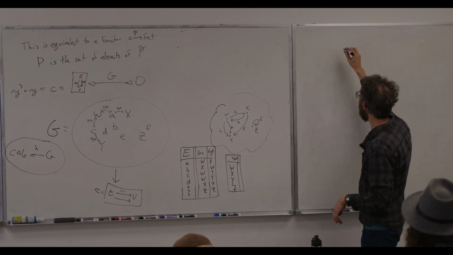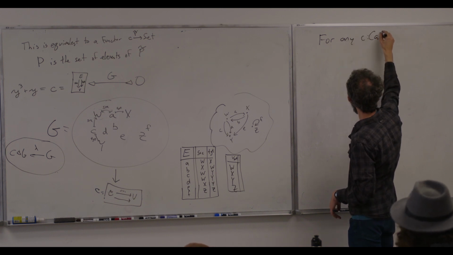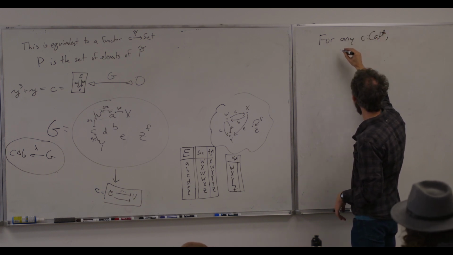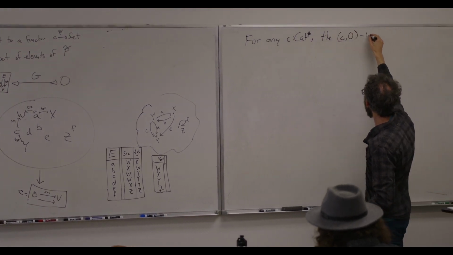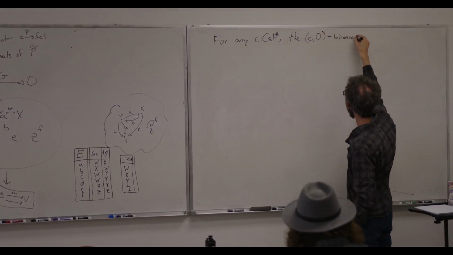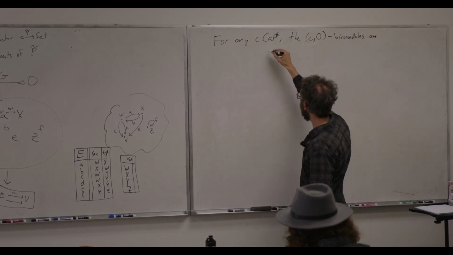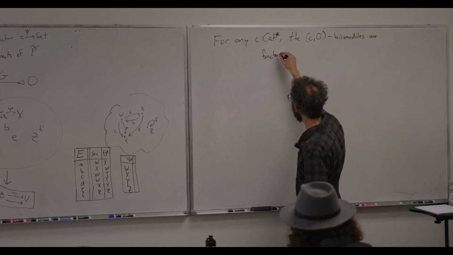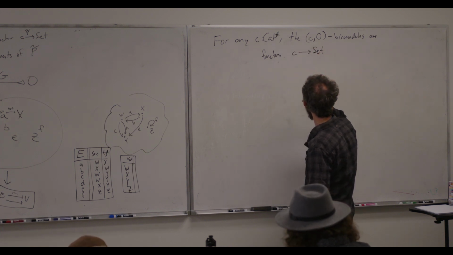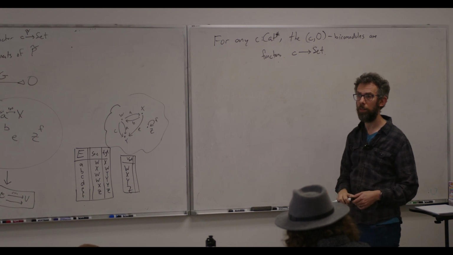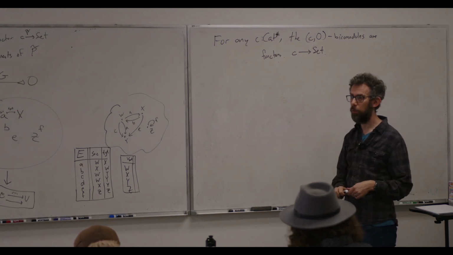So what we've said so far is that for any category C, the C-zero bicomodules are essentially functors from C to set. And the morphisms between them will be morphisms between them.